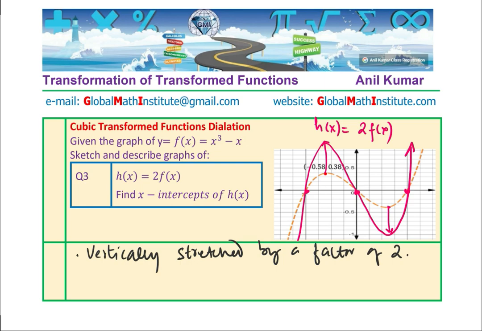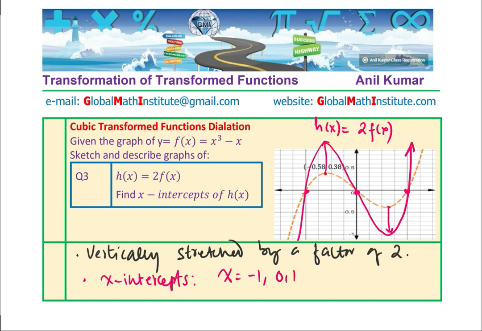So in this graph, you can see that the x-intercepts remain exactly the same. However, the local maximum and minimum points, their values double, right? So you can write down the x-intercepts remain the same. They are at x equals minus 1, 0, and 1 as in the original function.